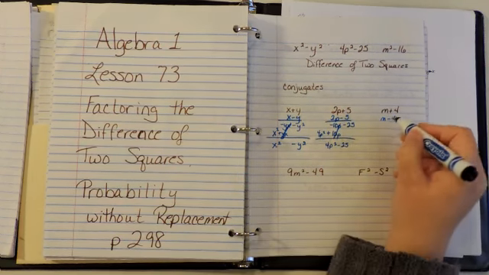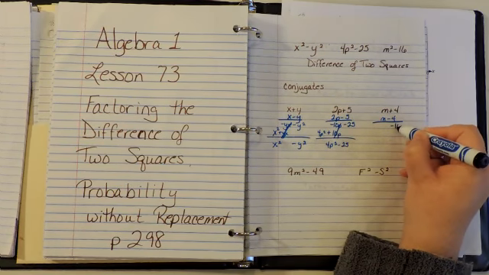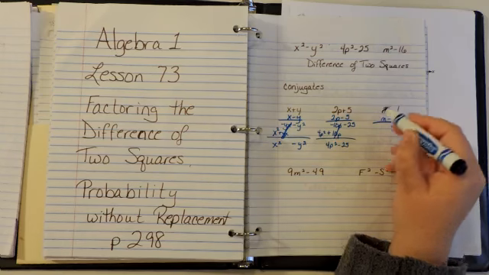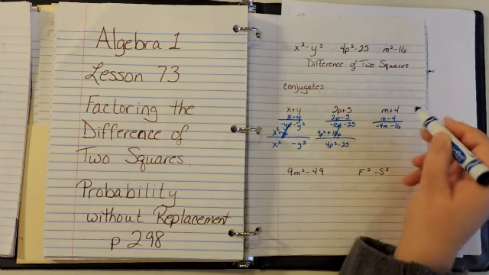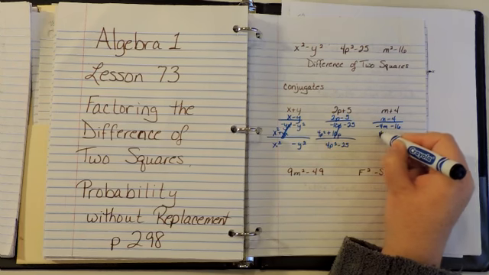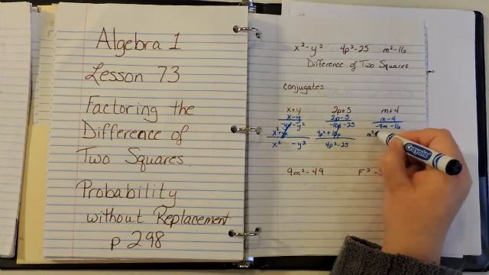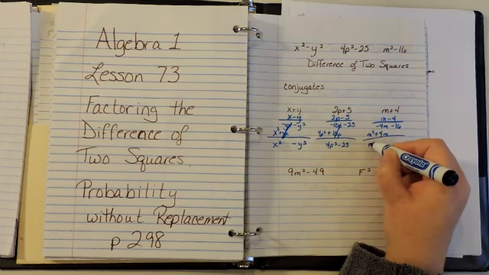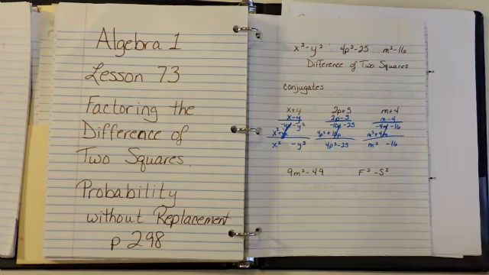Getting the idea? Let's try one more. Negative 4 times 4 is negative 16. Negative 4 times m is minus 4m. M times 4 is 4m, and that's positive. M times m is m squared. Added together, we have m squared. These two cancel. Minus 16.